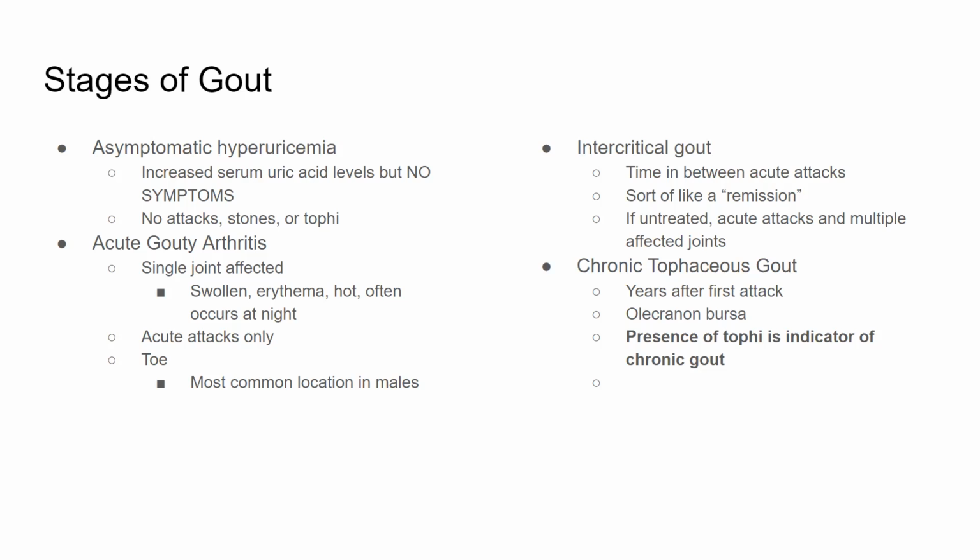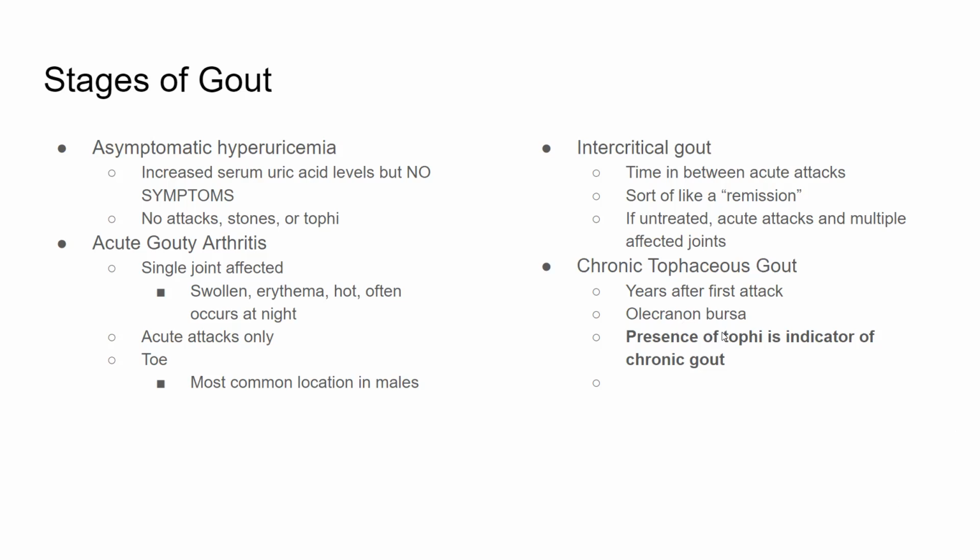And then also knowing that the intercritical gout, that's the periods in between your acute attacks, that one of the goals of treatment is to prolong the intermittent periods so that you have less acute attacks. This is mostly from your slides.